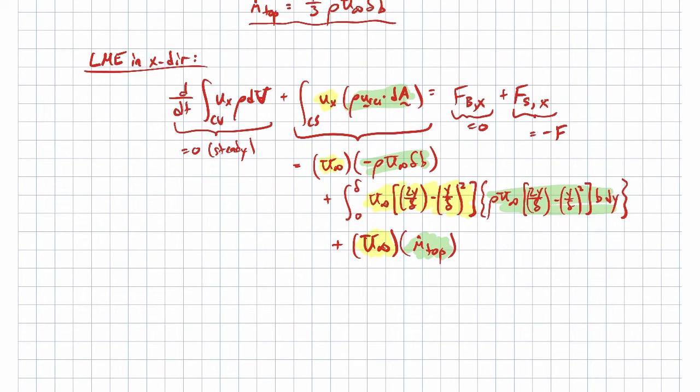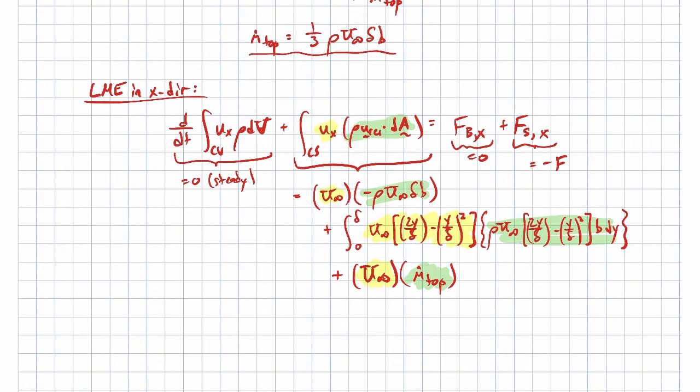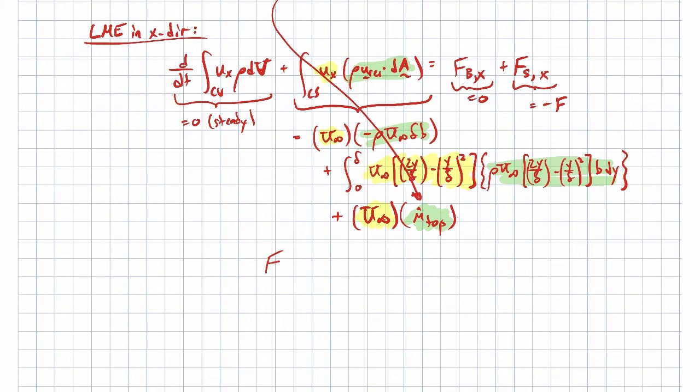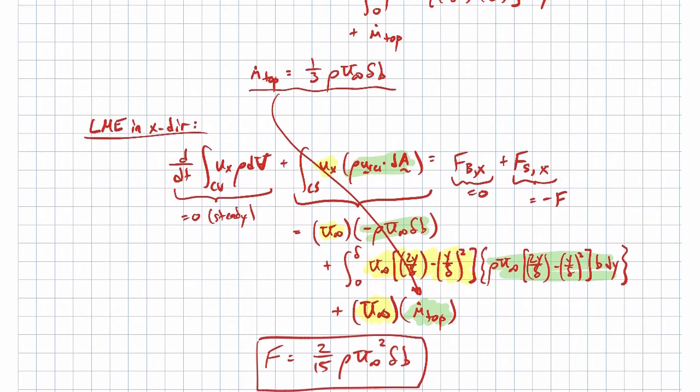Okay, so now we have everything we need. We can also substitute our m dot top down here, solve our resulting integrals, and solve the equation. If you go through all that, as expected, if you do all your calculus and algebra correctly, it'll be the exact same result that we had previously.